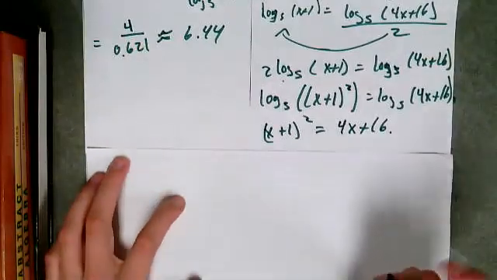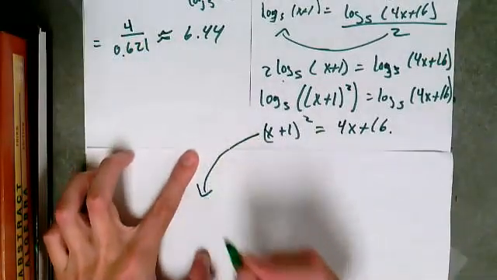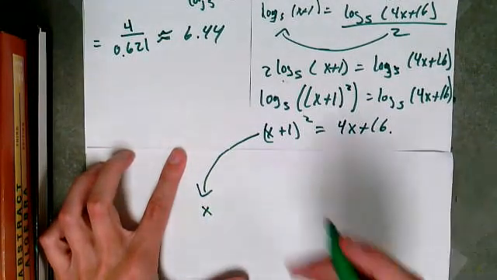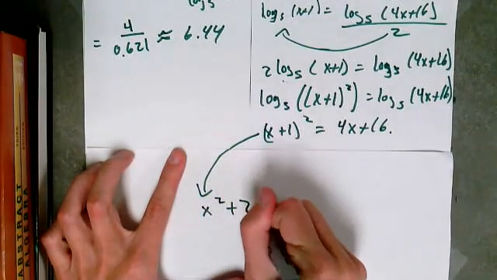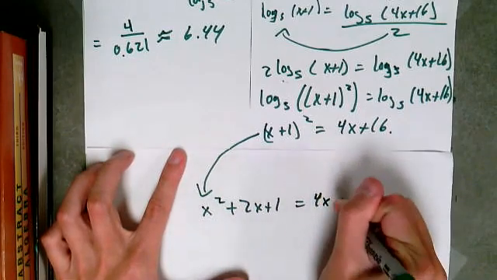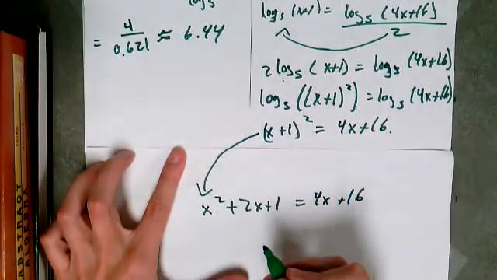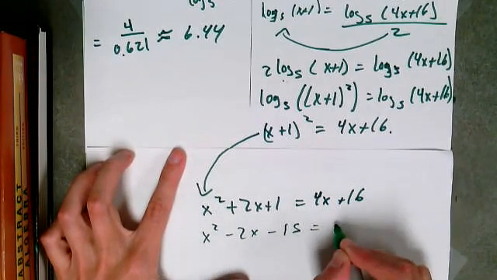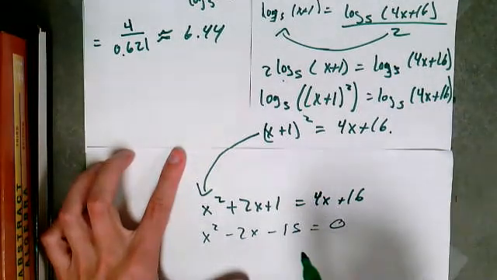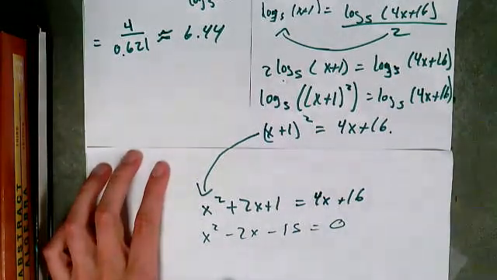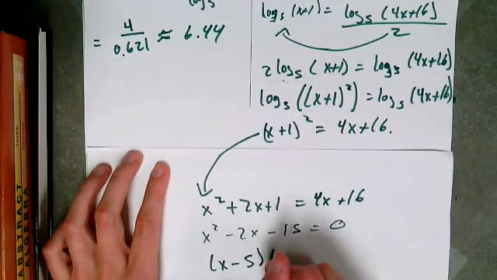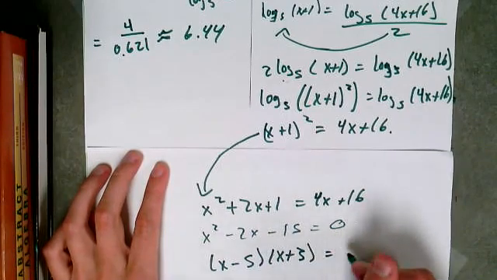So now we just have to solve for x. This becomes x squared plus 2x plus 1 equals 4x plus 16. This gives us x squared minus 2x minus 15 equals 0, which factors into x minus 5 times x plus 3 equals 0.